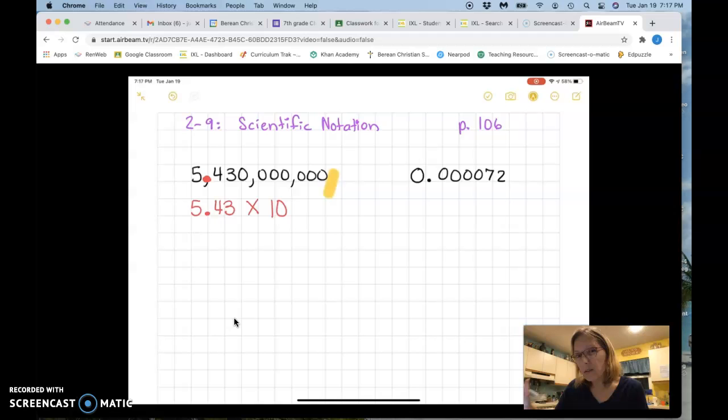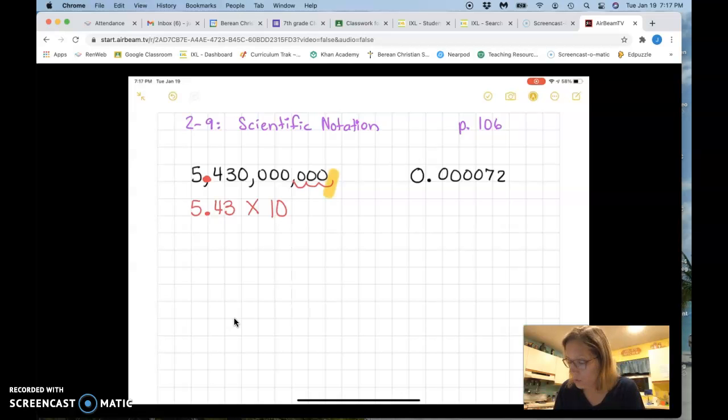If there's not a decimal in the number, there's an imaginary one on the end. So I'm going to start there and count how many spaces I moved to put that decimal between the 5 and the 4. So 1, 2, 3, and you're only hopping over the zeros or the numbers, okay?